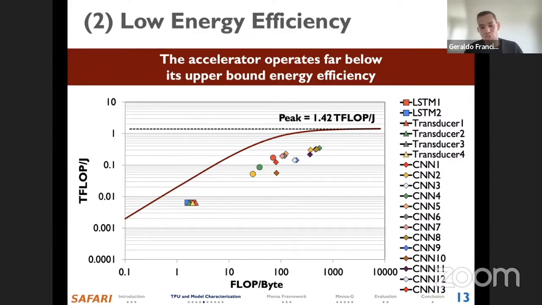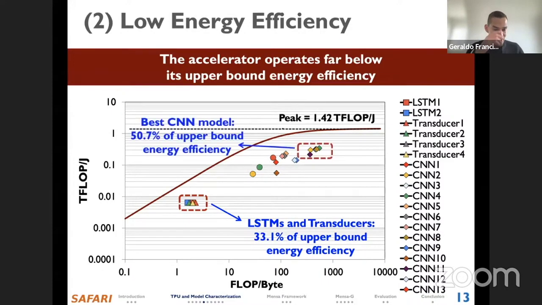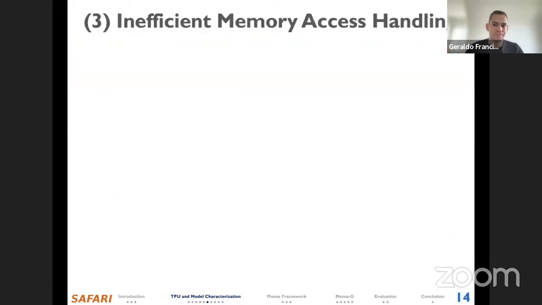And we make two observations based on the analysis. First, the energy efficiency is particularly low, around 33% for LSTMs and transducers. And second, even the best CNN models only achieve 50.7% of the maximum energy efficiency of the accelerator.